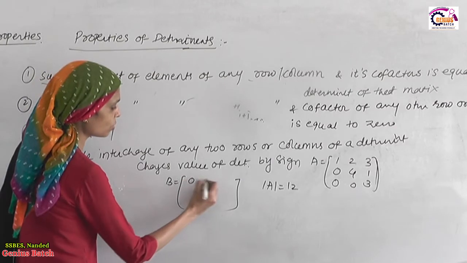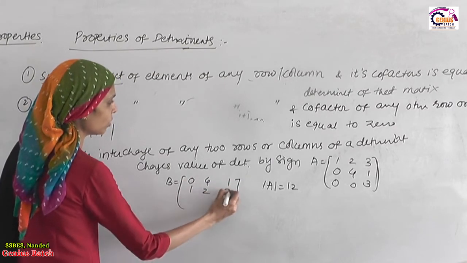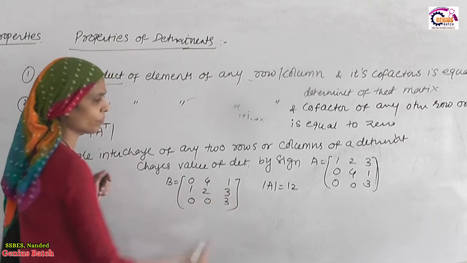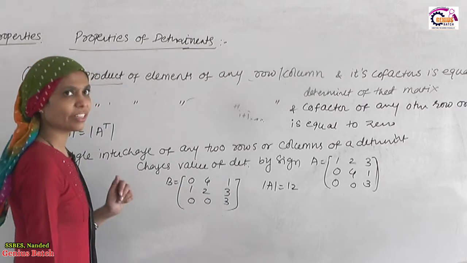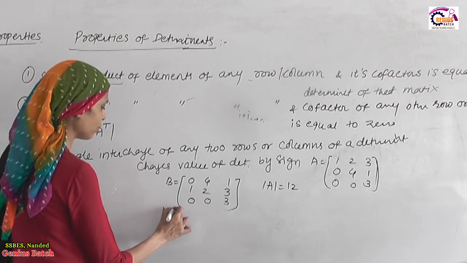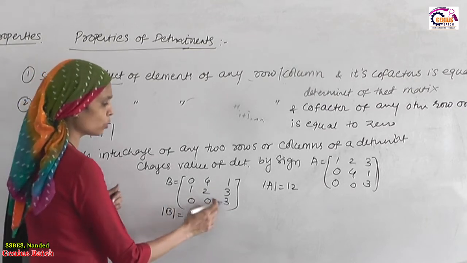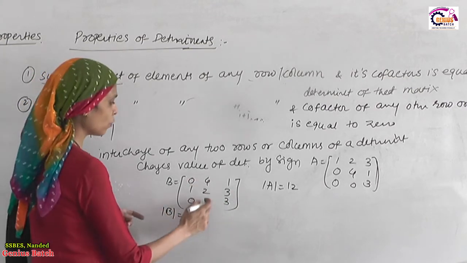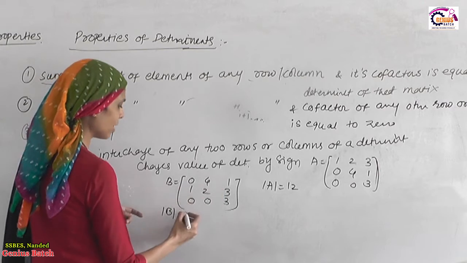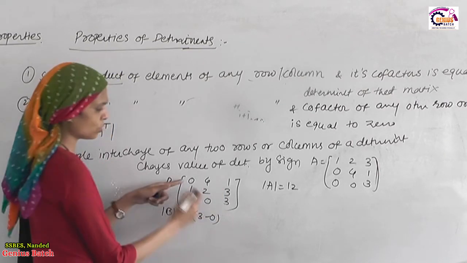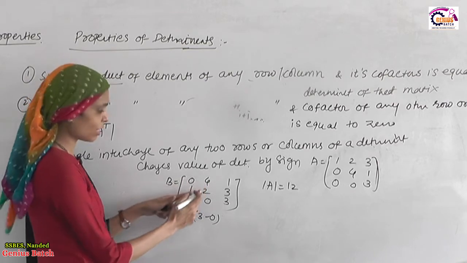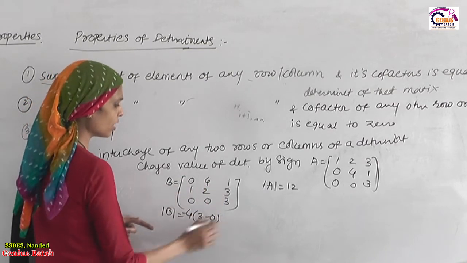So first row is now 0 4 1, second row 1 2 3, third row 0 0 3. Now let's find the value of this determinant. Determinant of B: 0 into anything is 0, 4 into 3 minus 0, minus 4 into 3 minus 0, then give a minus sign to this, minus 4 into 3 minus 0, plus 1 into 0 minus 0.